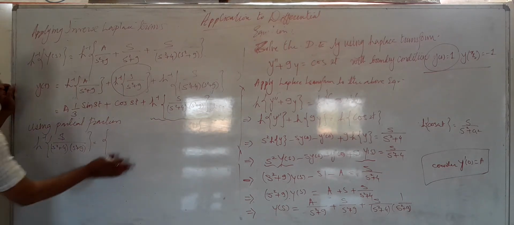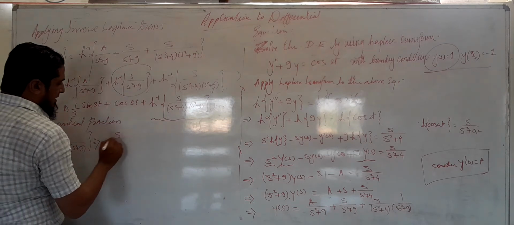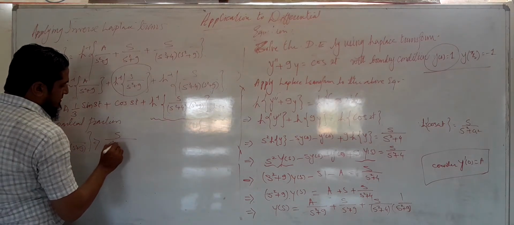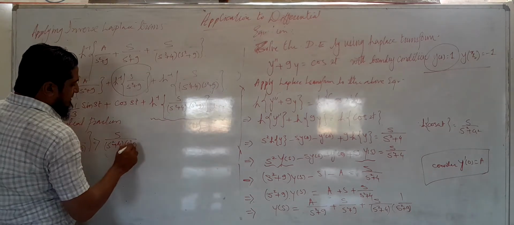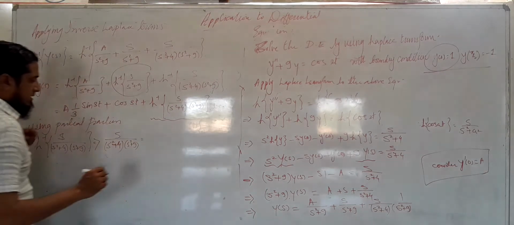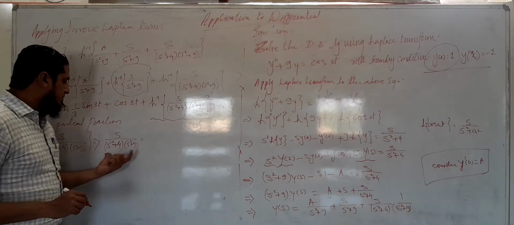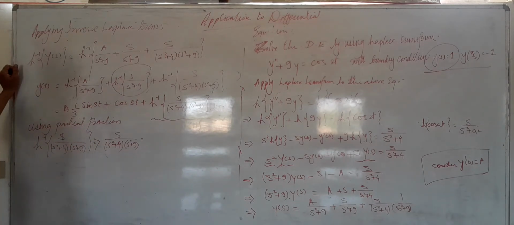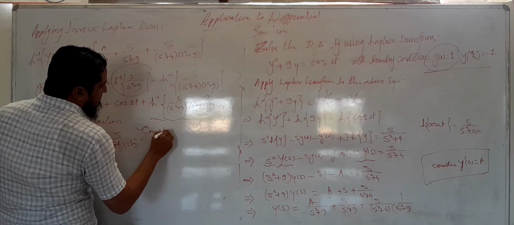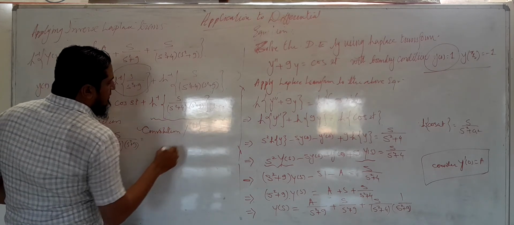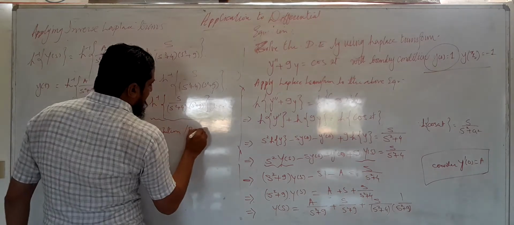Now we can write s upon (s square plus 4)(s square plus 9) by using the convolution theorem or by partial fraction.